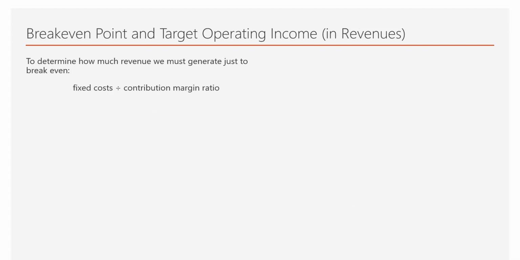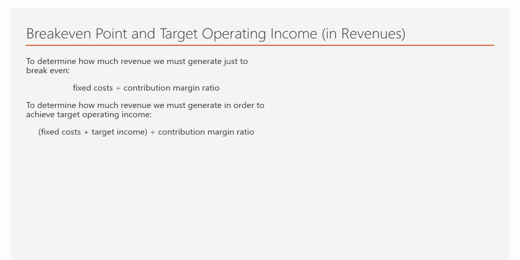Now, to determine how much revenue we need to generate just to break even, I could take my fixed costs divided by my contribution margin ratio. This is how we can calculate the break-even point and target operating income in revenues, so in the total sales amount.